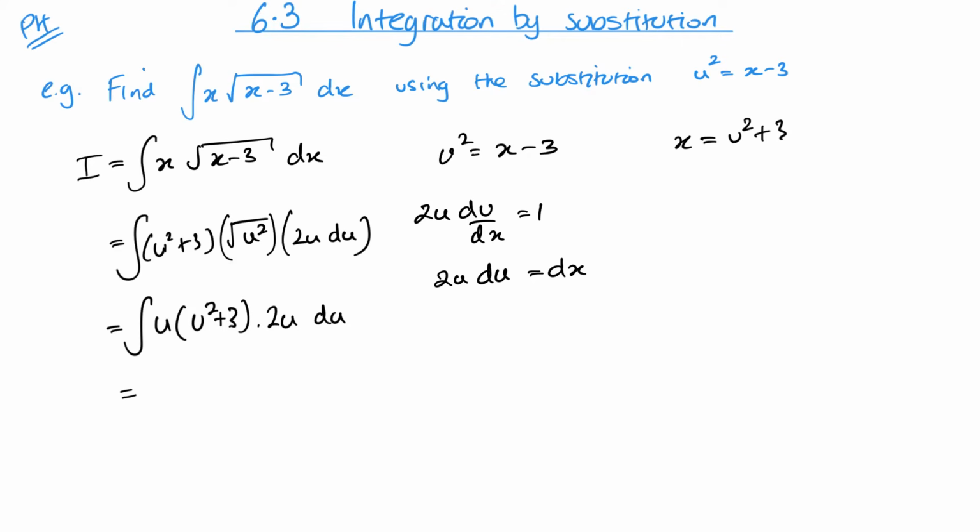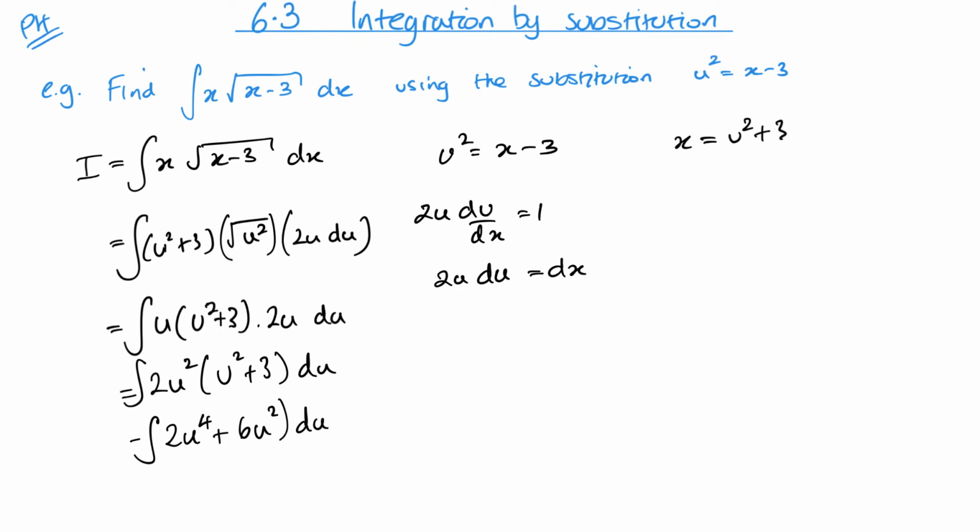So let's expand everything. Actually, let's put these two together. So we've got 2u squared, then u squared plus 3 du. And expanding my brackets fully, we get 2u to the power 4 plus 6u squared du.